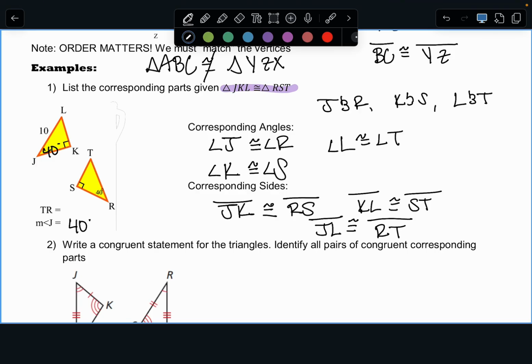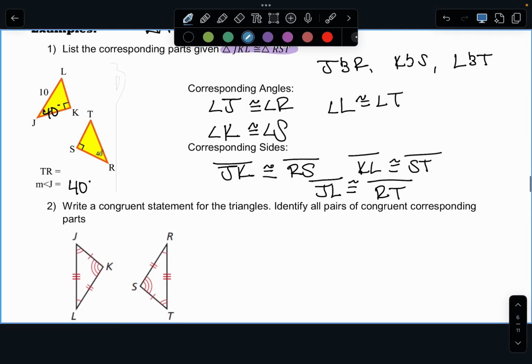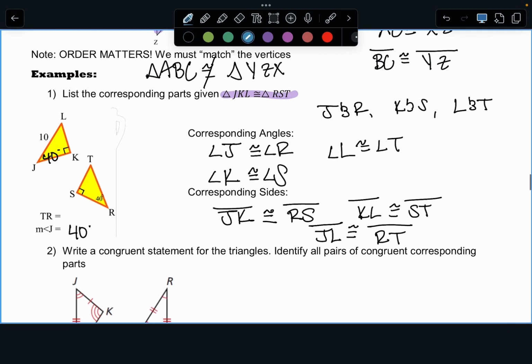RT. Okay. The question, I mean, it's kind of formatted weird, but let's find TR, the length of TR. Do I see TR anywhere in here? No. Do I see something close? Sure. Yeah. What's close? RT. Are TR and RT the same thing? Yes. Here's segment TR.